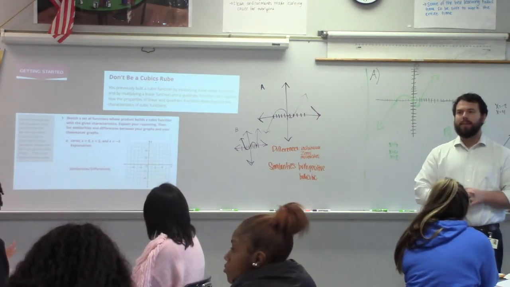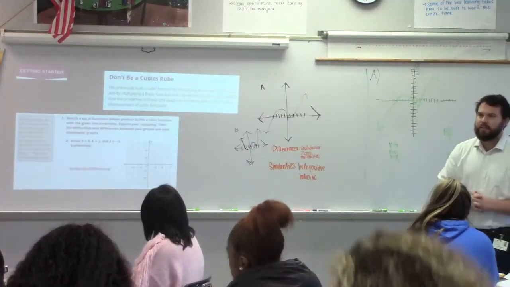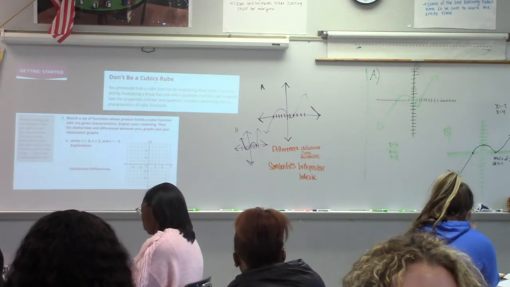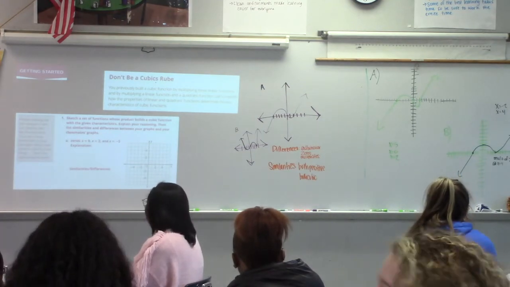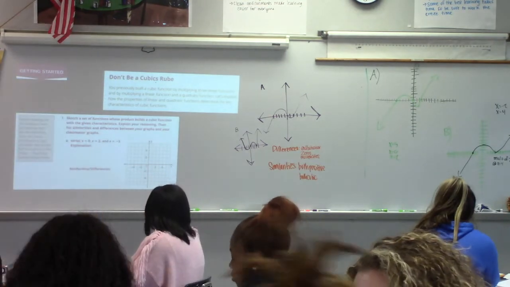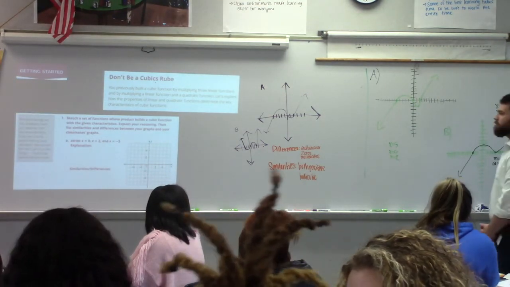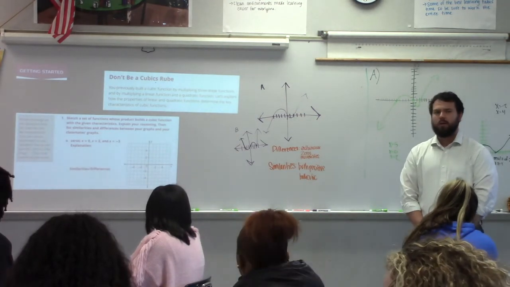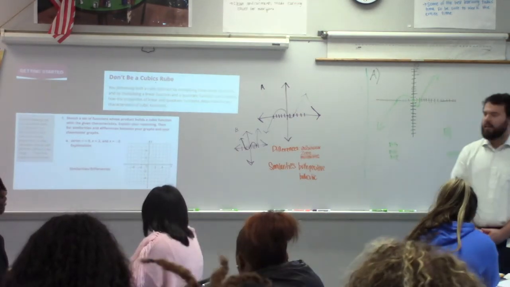So let's look again at our directions. What did the directions say? Sketch a set of functions. Deja, why'd you go ooh like that? Sketch a set of two or more. What do they mean by sketch a set though?